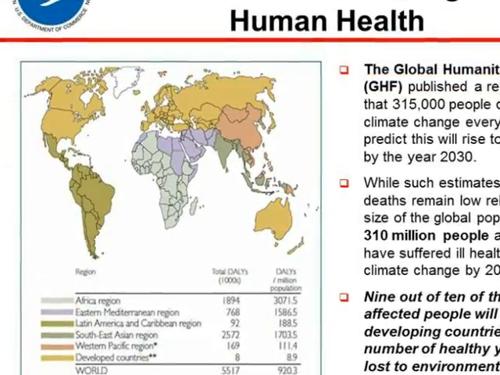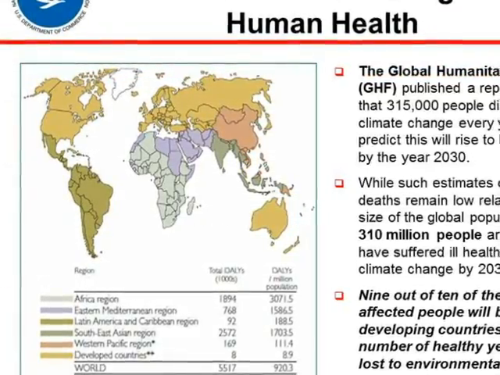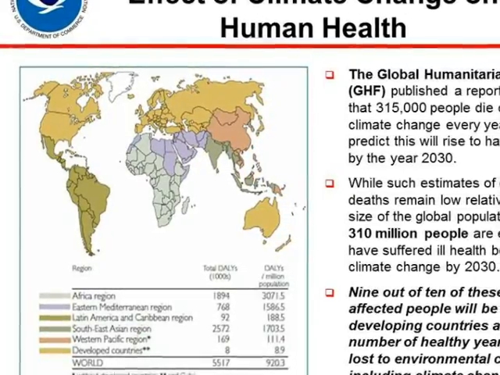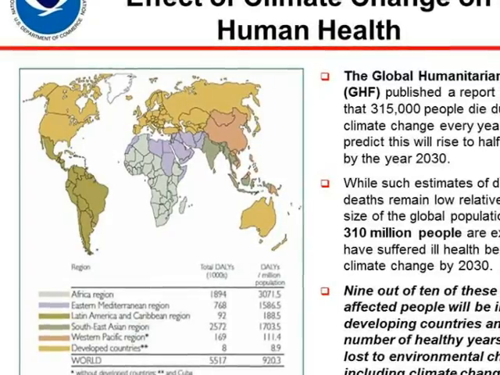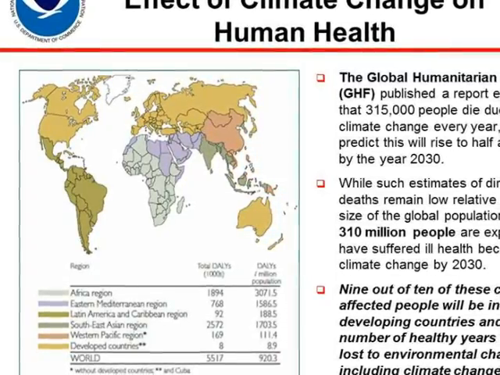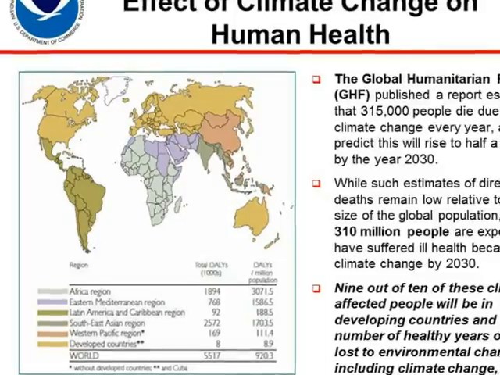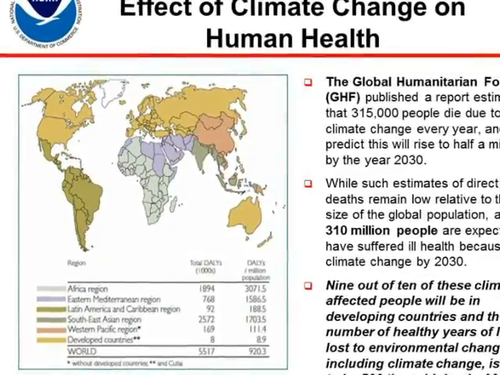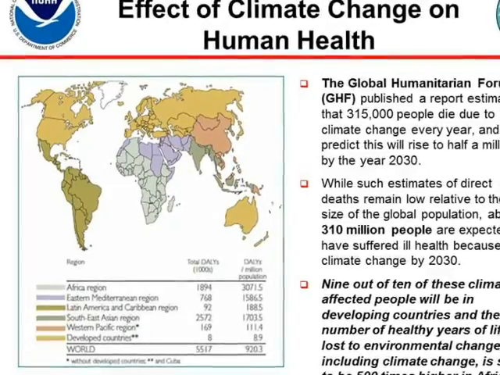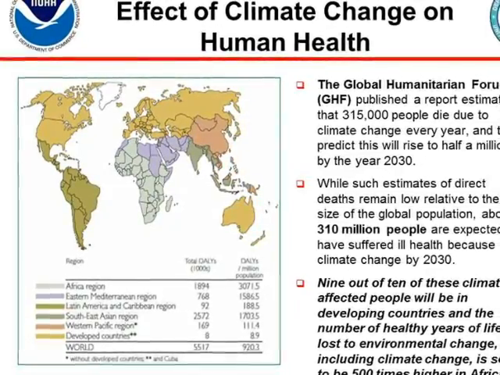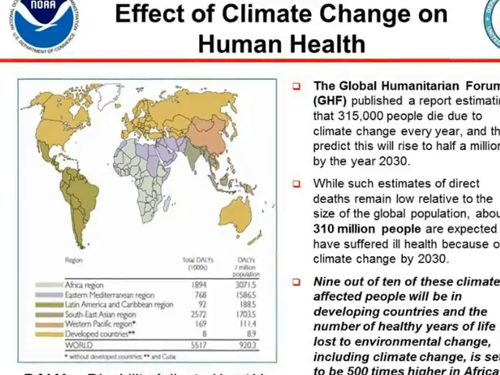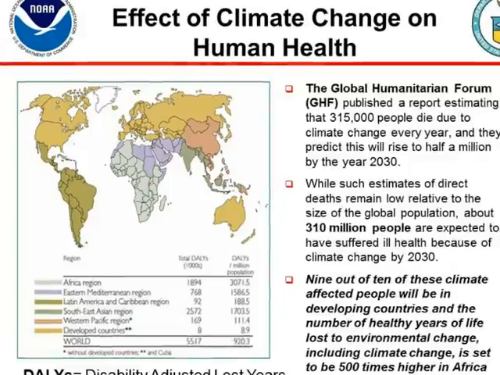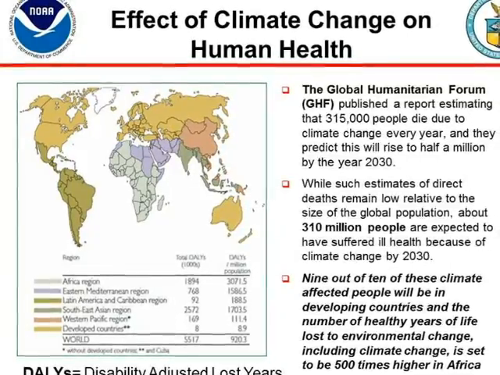I want to go back to this slide because I know we covered it earlier. We talked about contemporary numbers of deaths, about 315,000 people, but how that number will grow in the future. The only thing I want to remind you here is that most of the disability adjusted impact years of health effects are going to be focused not in developed countries like the U.S. and the European Union, or in China and Russia, but in the less developed nations of Africa and Southeast Asia.